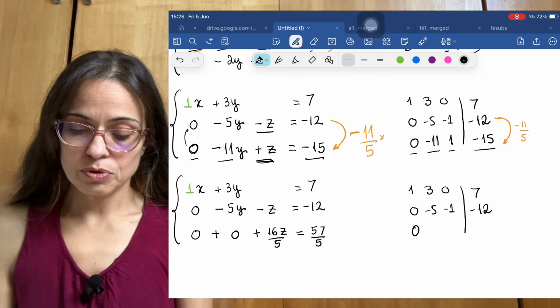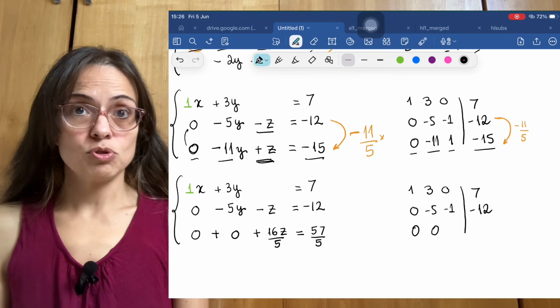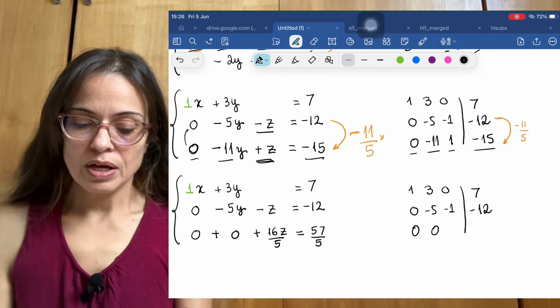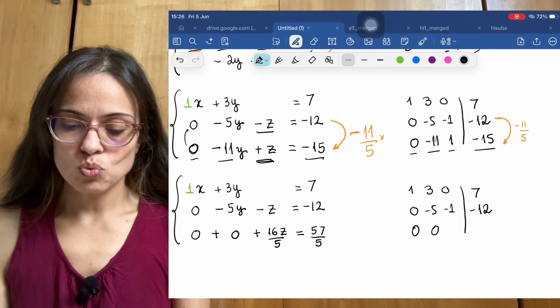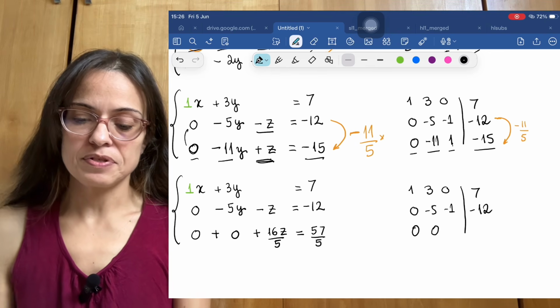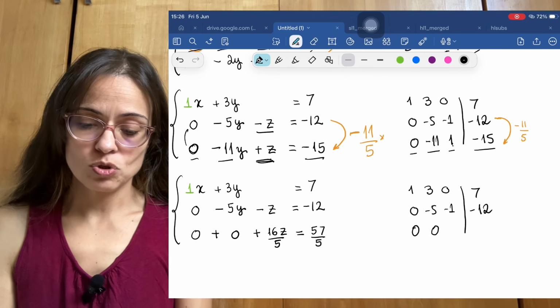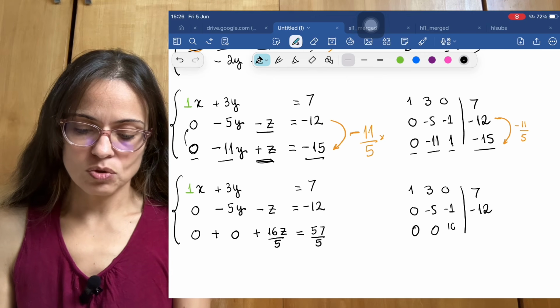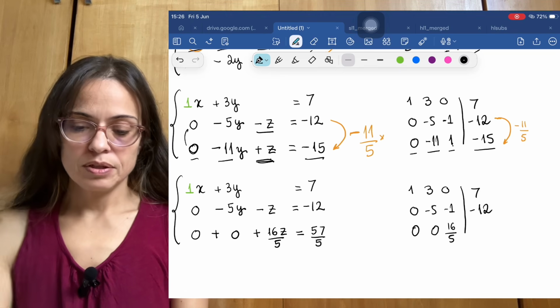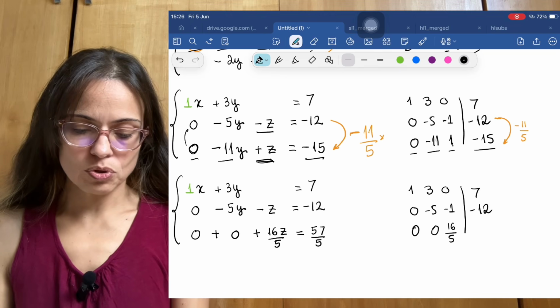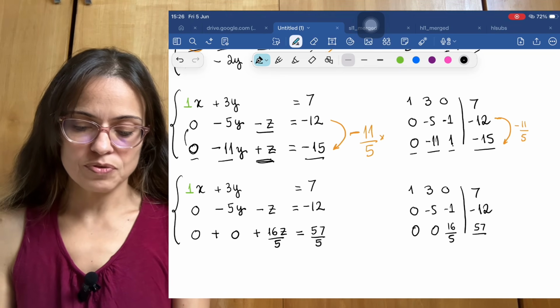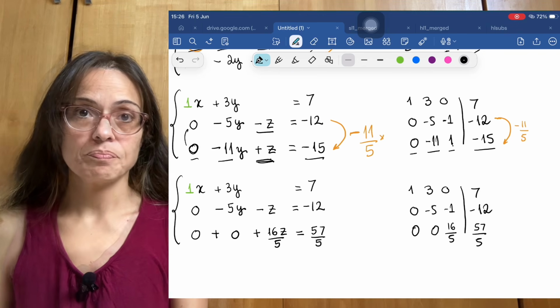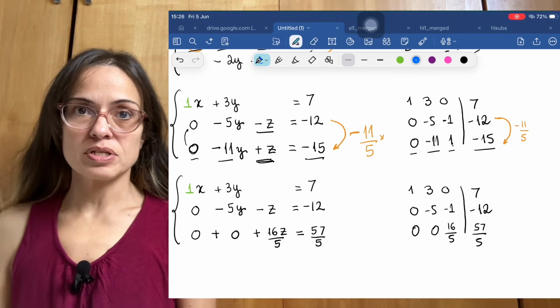The second number is going to turn into a 0 because I'm doing this intentionally. And the third one is 1 plus 11 fifths because it's 1 minus minus 11 fifths. And that gives us 16 over 5 just like before. And then you do the same thing to the numbers on the right, and we already know that the answer is 57 over 5.